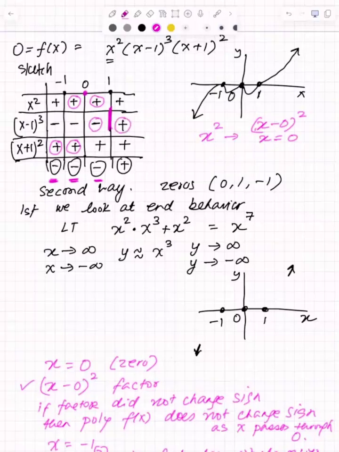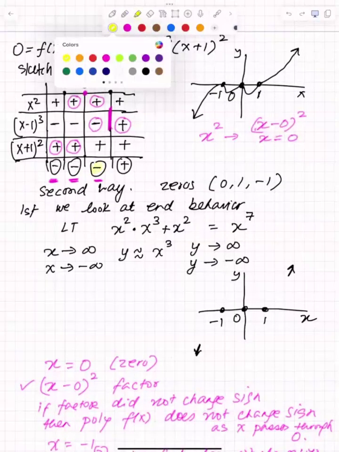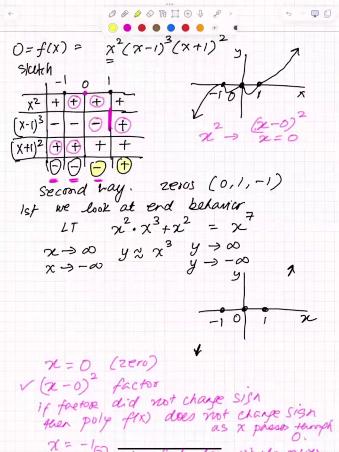So the factor x minus 1 cubed changed sign as x passed through 1. And we see that the polynomial also changed sign. It went from negative to positive as x passed through 1.